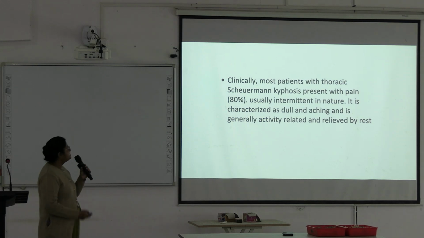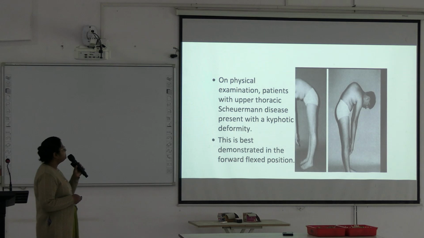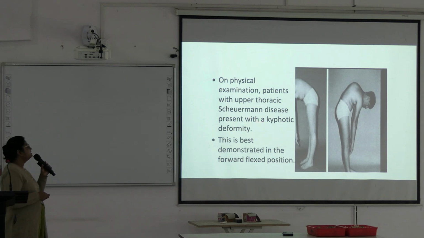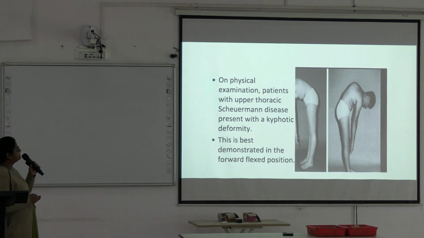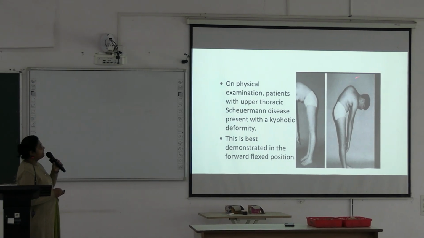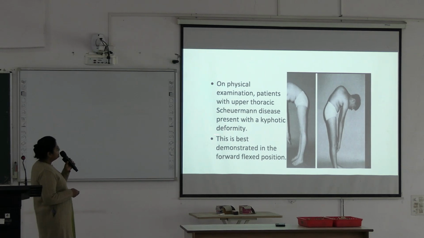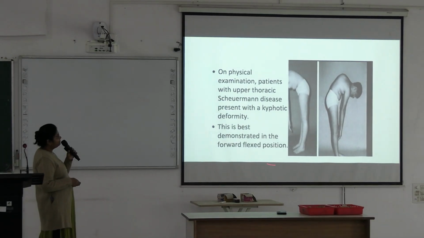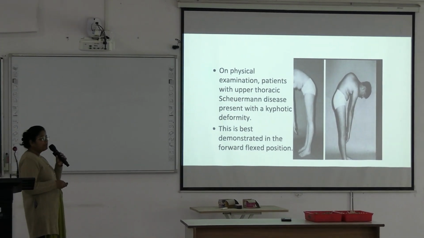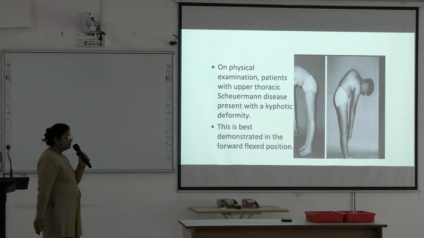Next, on physical examination, patients with upper thoracic Scheuermann disease present with a kyphotic deformity. See here, in forward bending, there is a hump-like structure you will see over the spine, and it is best demonstrated in the forward flexed position. Upper thoracic Scheuermann's kyphosis is there.